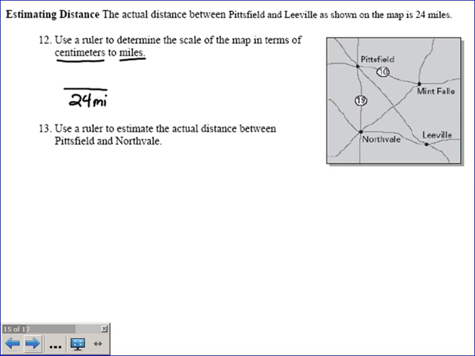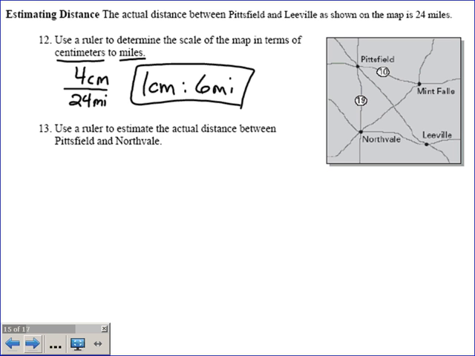You guys are using your ruler to measure Pittsfield all the way to Leeville. How long is Pittsfield to Leeville? Exactly 4 centimeters. Okay, 4 centimeters over 24 miles. So you would divide that out. That'd be 1 centimeter represents 6 miles.